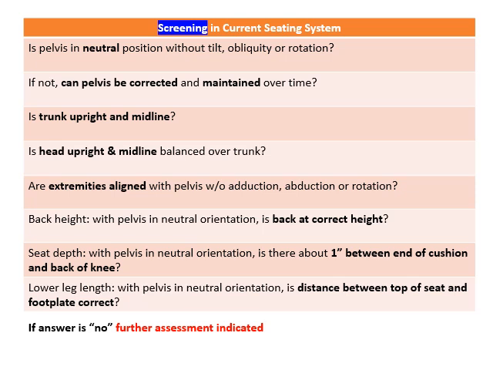So the tilt and obliquity and rotation, those are the three different planes that the pelvis can be situated in. Anterior tilt or posterior tilt. Obliquity means that there's a lateral tilt, and a rotation is with one anterior superior iliac spine in front of another.